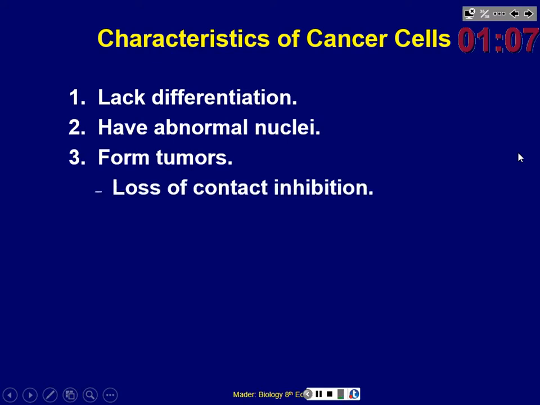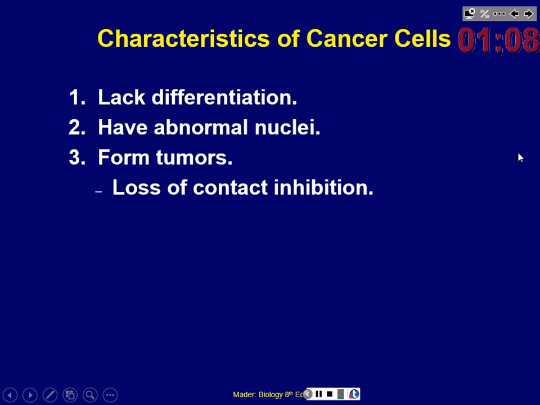They have lost what's called contact inhibition. Let's talk about that for just a moment. We said earlier that normal somatic cells divide for two reasons. What are they? Growth and repair, that's right. So you grow and you grow and you grow, and once you're grown, your cells will divide when other cells die and need to be replaced.